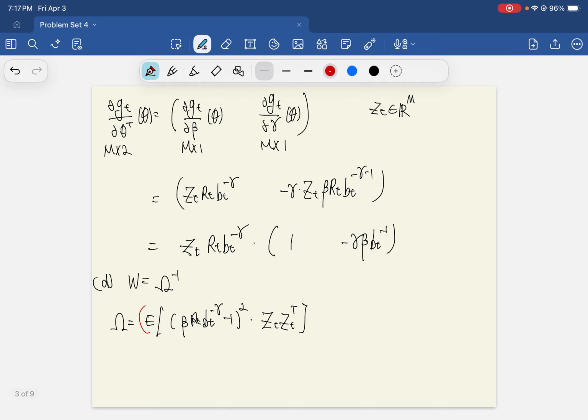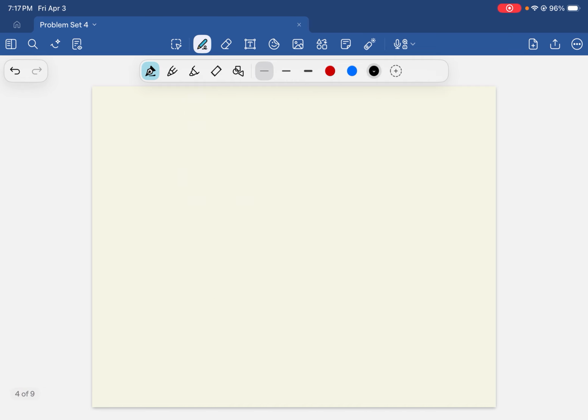So first, as usual, the expected population mean will be replaced by the sample mean, and then the next problem is unknown parameters, beta and gamma. Beta and gamma are the main problems we have to handle. So you have to use two-stage GMM, right?